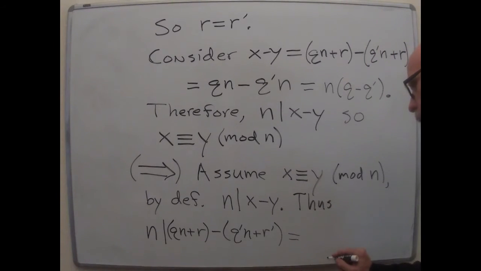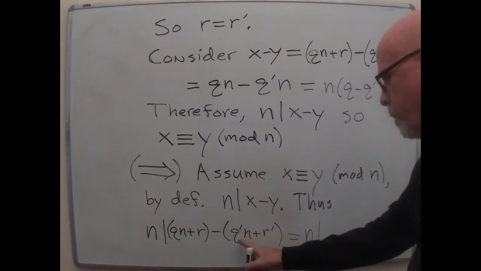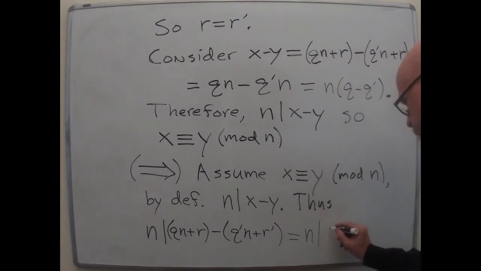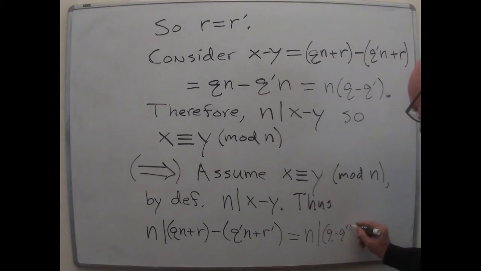Well, that is somewhat simplifiable. You've got q minus q prime times n plus r minus r prime.